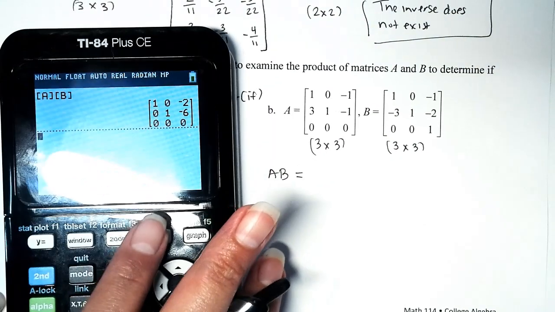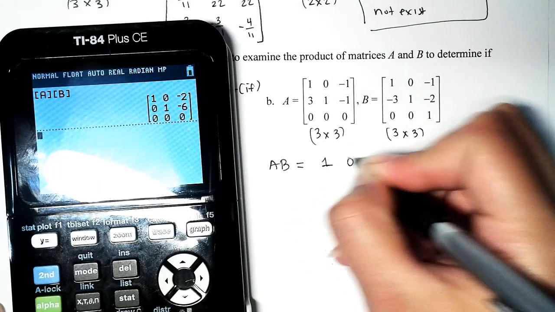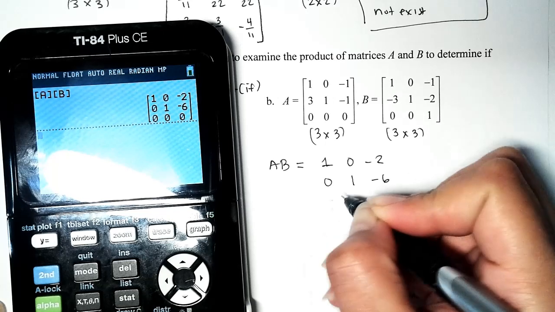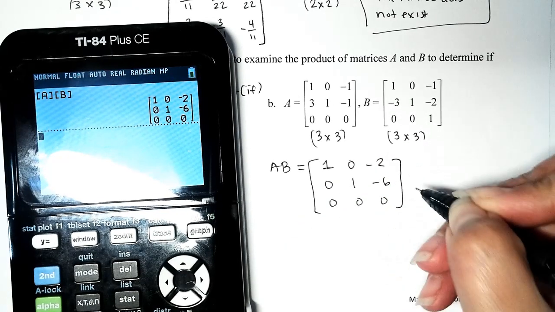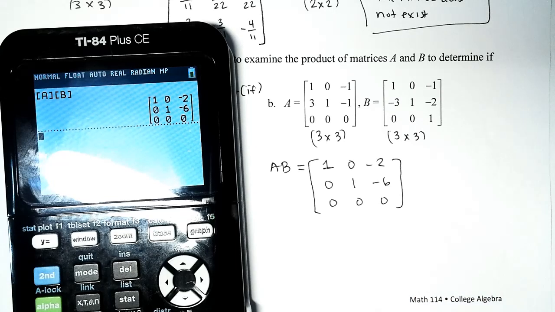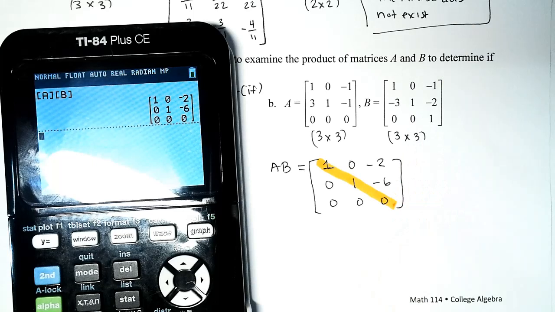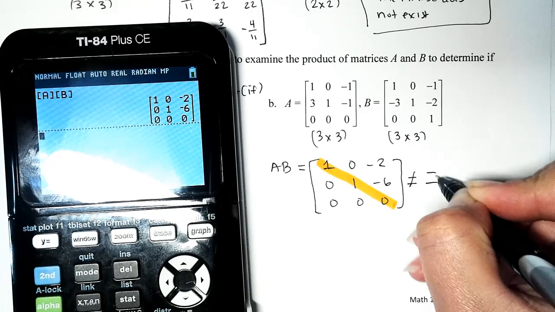So the product of A and B, according to our calculator, is 1, 0, -2, 0, 1, -6, 0, 0, 0. We have established that this is not the identity matrix, but I'm still going to highlight the diagonal. So unfortunately, we do not have ones along the diagonal and 0 elsewhere. This is not the identity matrix.